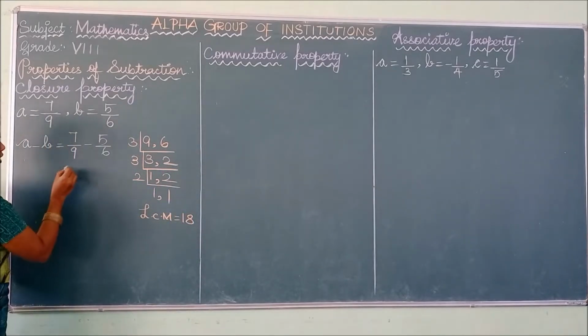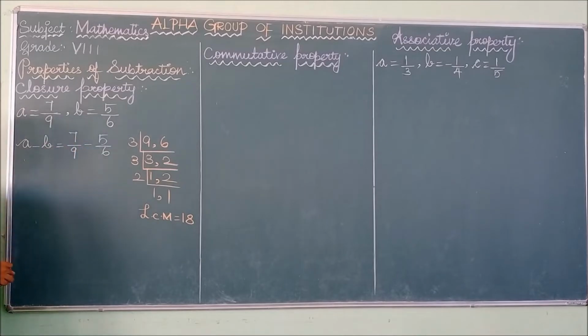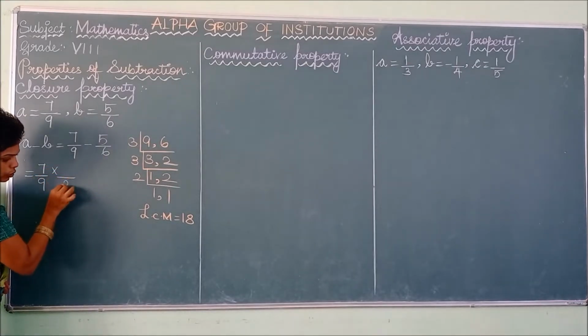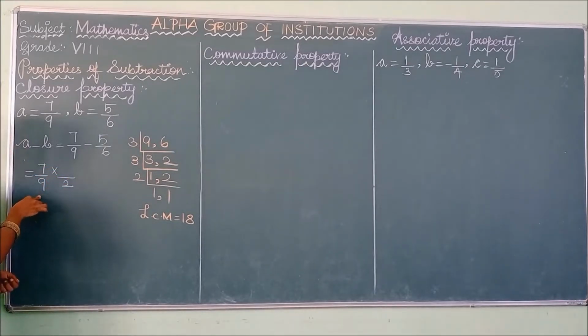So listen here. We have to make both denominators 18. For that, 7 by 9: when this 9 changes into 18, if you multiply it with 2, the denominator changes into 18. Whenever you multiply the denominator by a number, you have to multiply the numerator by that same number also.